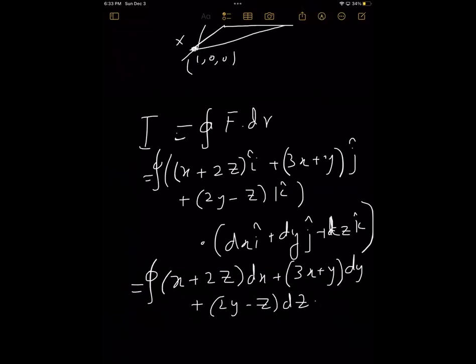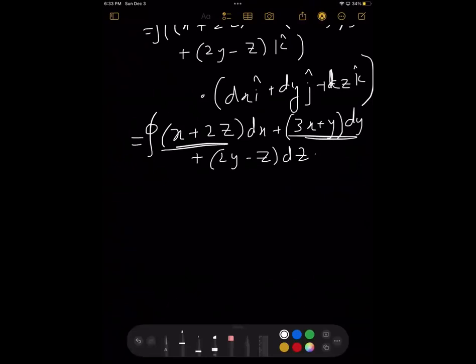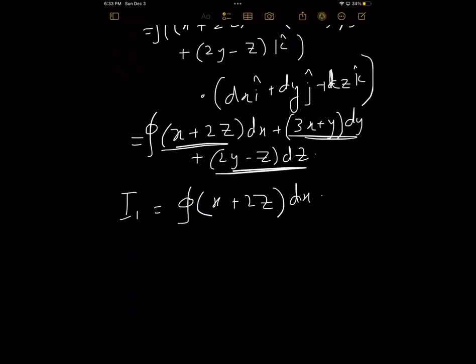Now, let's say this is our I1, I2, and I3, three integrals. I1 is the closed integral over all the curves of x plus 2z dx. Look at our regions again; I will draw them here.